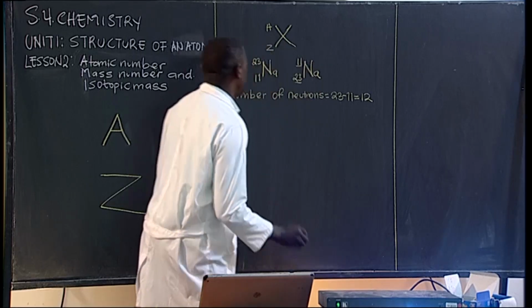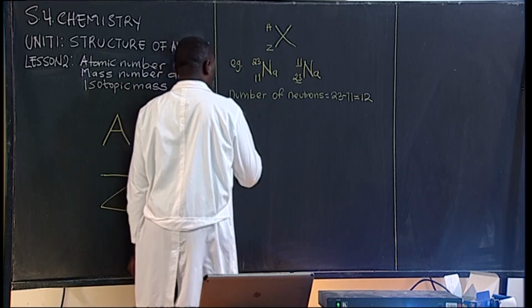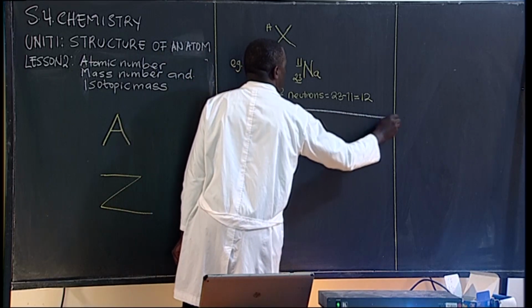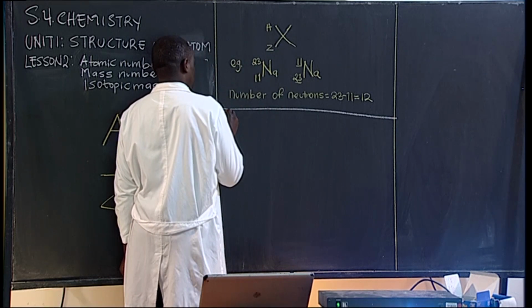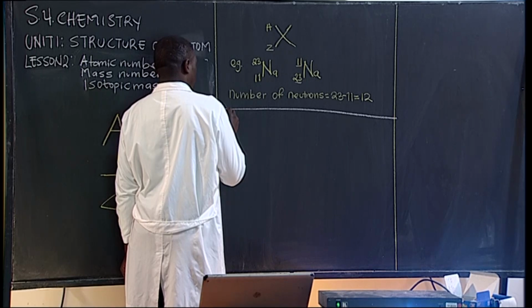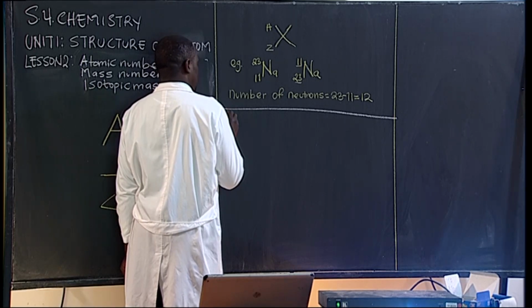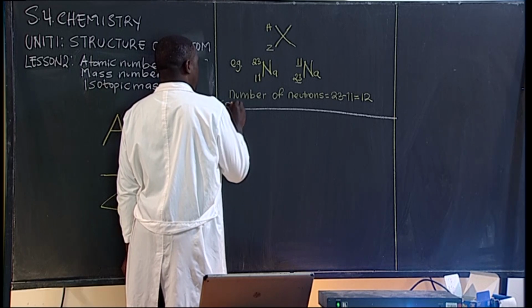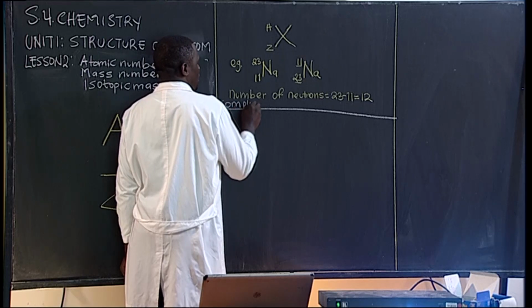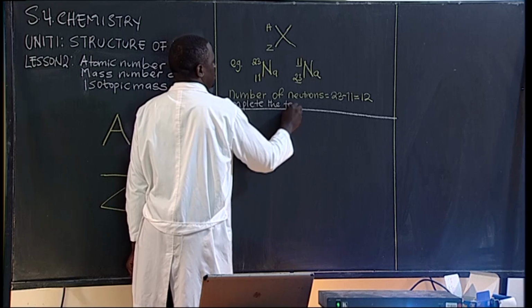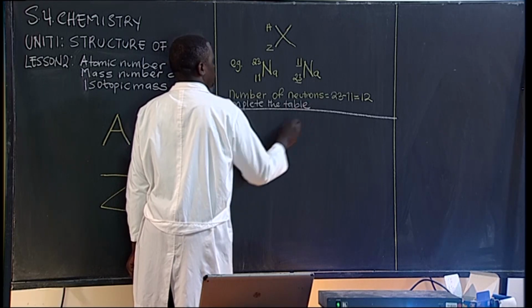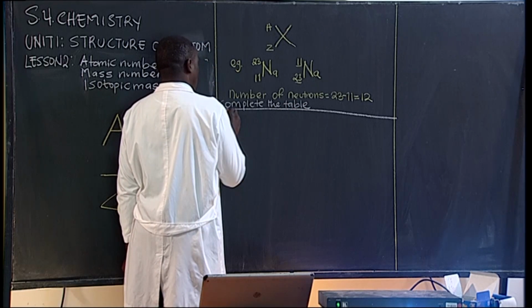We can look at a simple illustration, or we can make a simple table and revise quickly about atomic number. For example, if they give us a table and they tell us to complete the table, they give you, for example, atomic number.